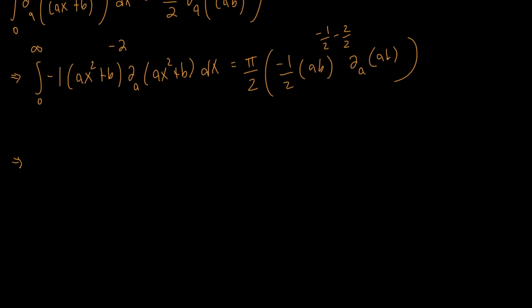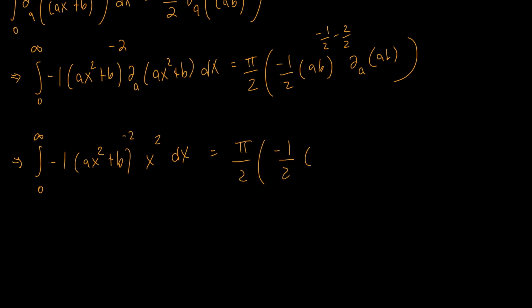So this is going to be the integral from 0 to infinity of negative 1 times (ax squared plus b) to the negative 2. This will end up being x squared dx, which is equal to pi over 2 times negative 1/2 times (ab) to the negative 3/2, and it's going to be times b.